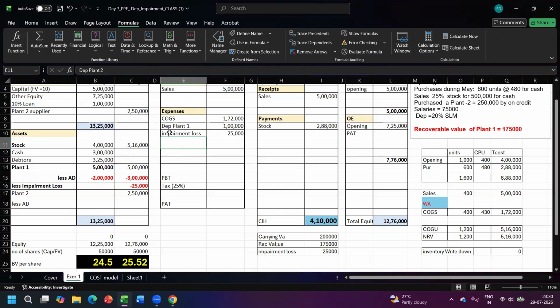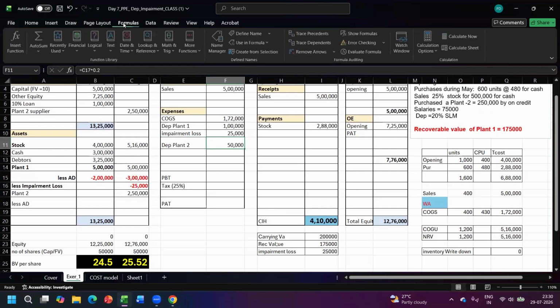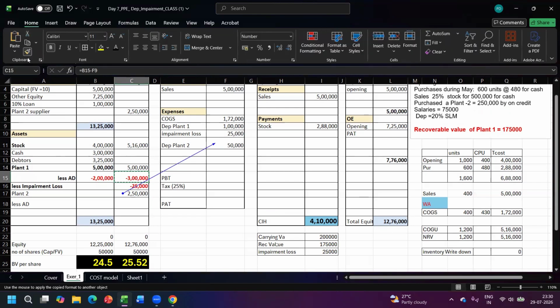Then we'll see the depreciation on plant 2. Again, we are assuming 20% on the original cost, so therefore, depreciation will reduce the value of the asset to that extent.